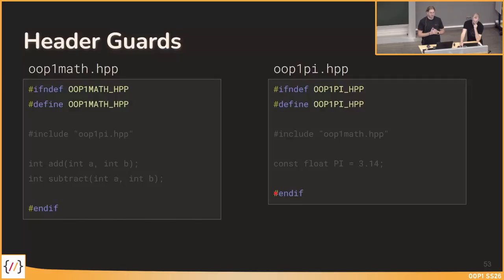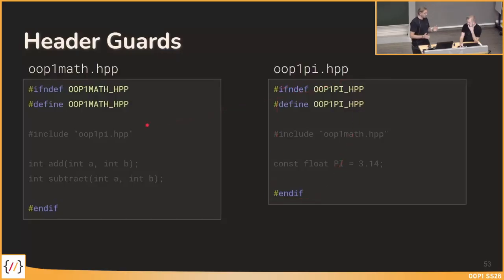What this now prevents is that whenever we define OOP1 nav HPP, it is not defined twice because we have this if not defined, and this will only include OOP1 pi HPP once. Whenever we try to copy the code from OOP1 pi HPP once more, we will see, okay, this is already defined.